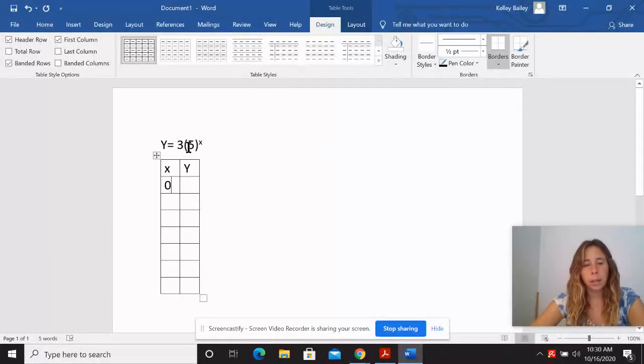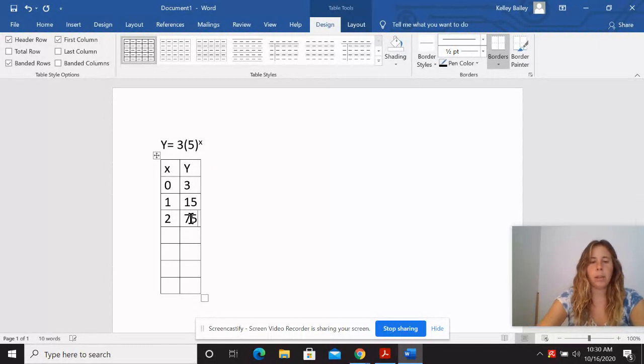So 5 to the 0 power is 1, and 3 times 1 is 3. Obviously if I put in positive numbers, it's going to be positive. 5 to the first power is 5, times 3 is 15. 5 to the second power, 5 times 5 is 25, times 3, 75. And we're multiplying by 5 each time.